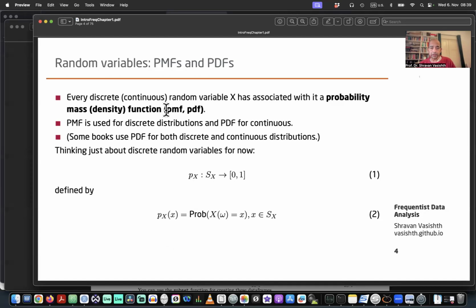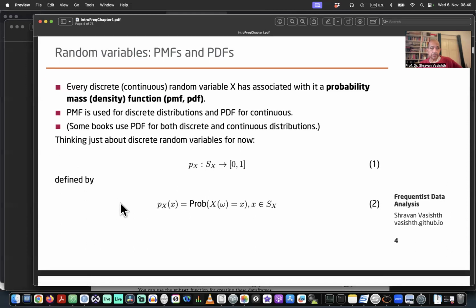So these two important terms are being introduced now: probability mass function associated with discrete random variables, and probability density function, which is associated with a continuous random variable. Okay, so let's consider discrete random variables for the moment and talk about probability mass functions, so PMFs, right?